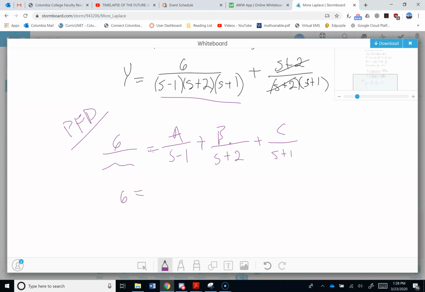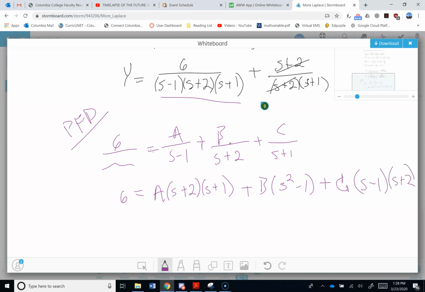So 6 is a times s plus 2 times s plus 1, plus b times, I guess that's s squared minus 1, just being lazy, plus c, which now needs to be distinctly a c, times s minus 1 times s plus 2.